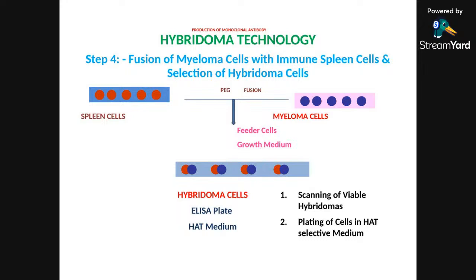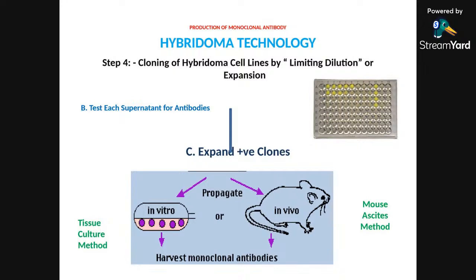It will be analyzed again with ELISA plates, and then screening for viable hybridoma cells will be done. These plates will be checked. The hybridoma cells are put through limiting dilution and expanded in vitro, that is in a bioreactor, where we are cultivating the particular hybridoma cells for separation of the particular antibody.